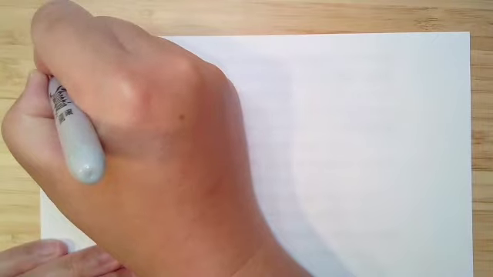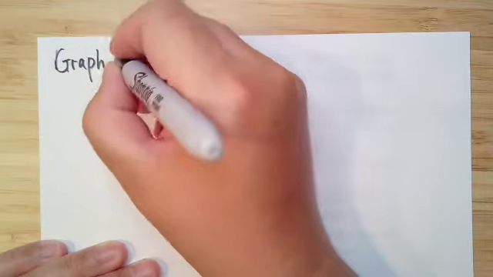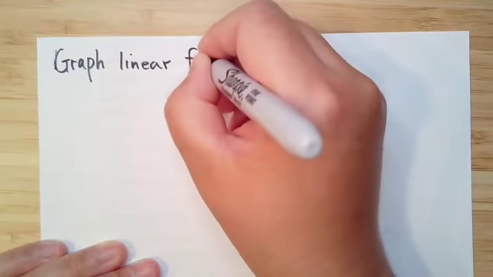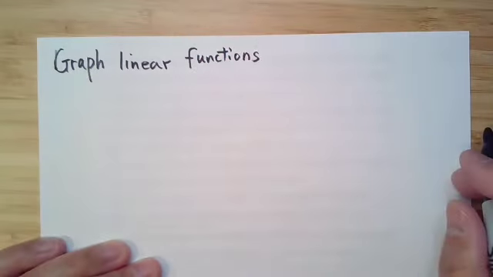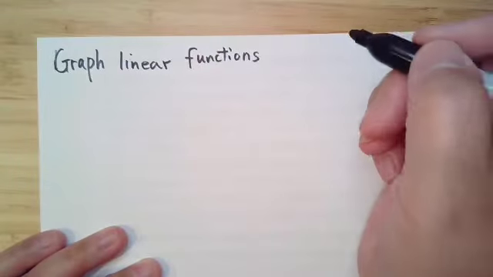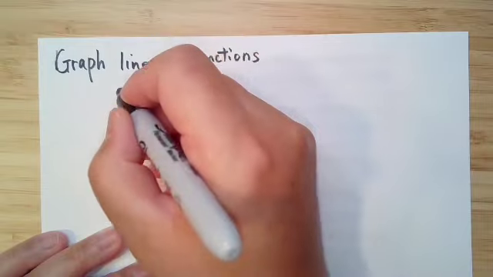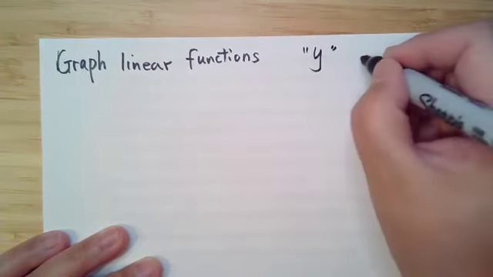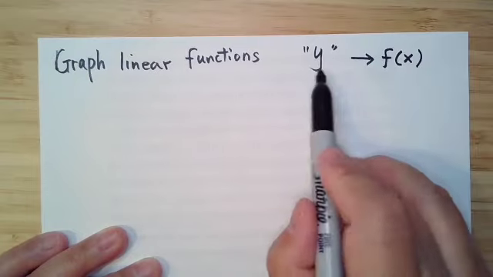The last part we're going to do is graph linear functions. Everything we did before is called graphing linear equations. Now we're going to graph linear functions. It's very, very similar. The only difference is instead of writing y, we use f of x, which means y is a function of x.